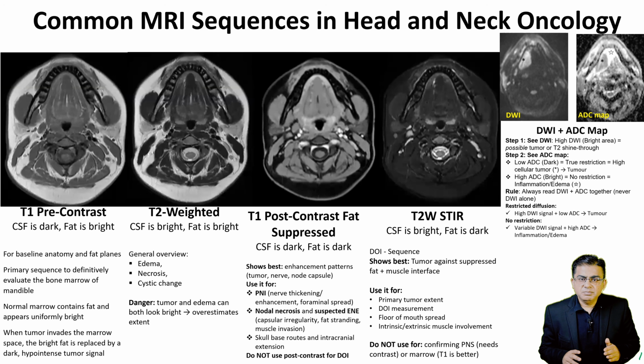See, because getting the imaging right is the foundation for everything we do in oncology, if you start with a bad scan or misinterpret the sequences, you will understage the patient, compromise your target volume, and ultimately fail treatment.